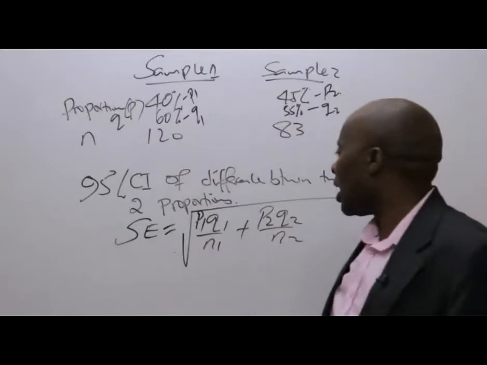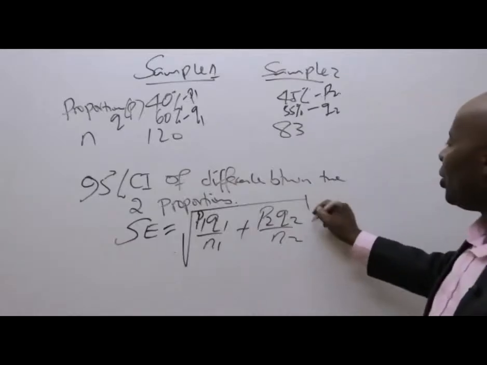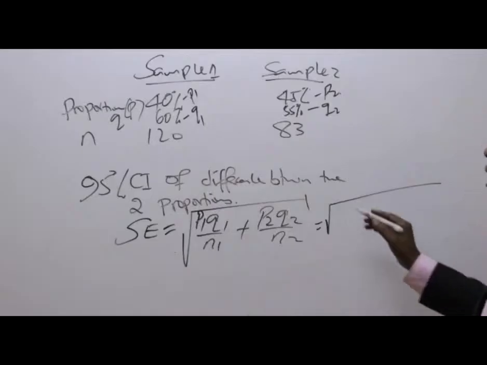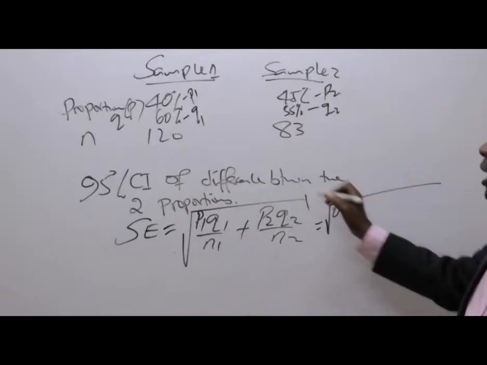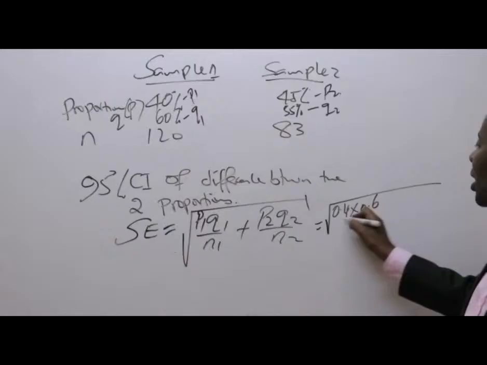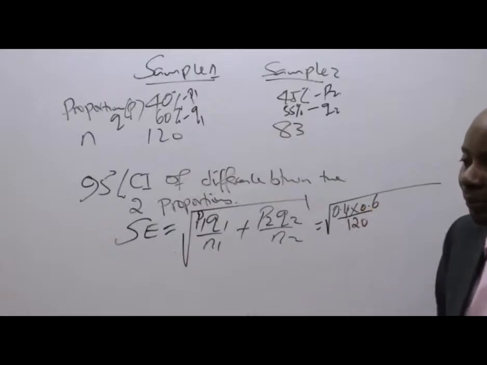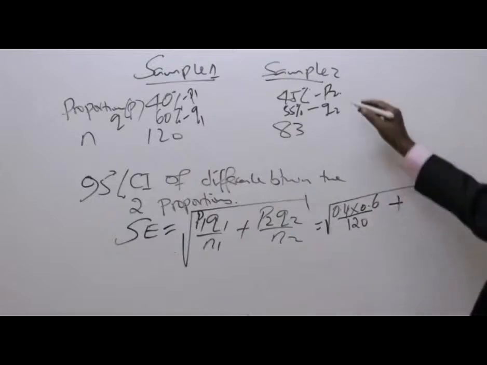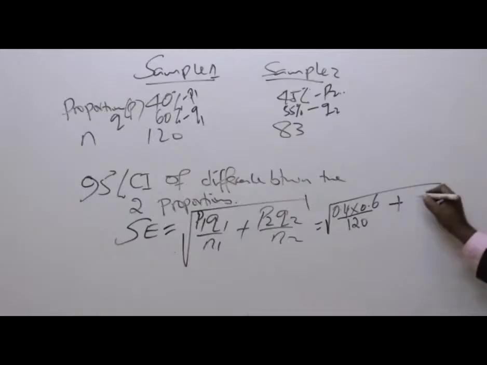Come right away here and do your substitution beneath this. We have P1 is 0.4 times Q1, which is 0.6, all over N, which is 120, plus the second one, P2 Q2, so 0.45 times 0.55 all over 83.